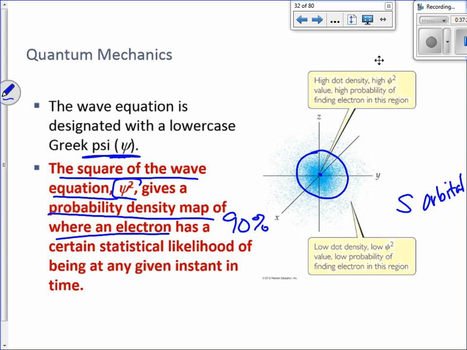So when you write out an electron configuration and you're putting electrons in, say, the 2s or the 3p or the 4d or whatever, you're really saying this is where we believe it's going to be 90% of the time. Okay? So that's the purpose here of Schrodinger's equations and wave functions.